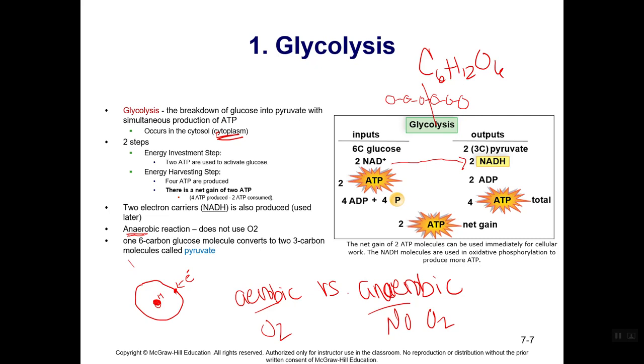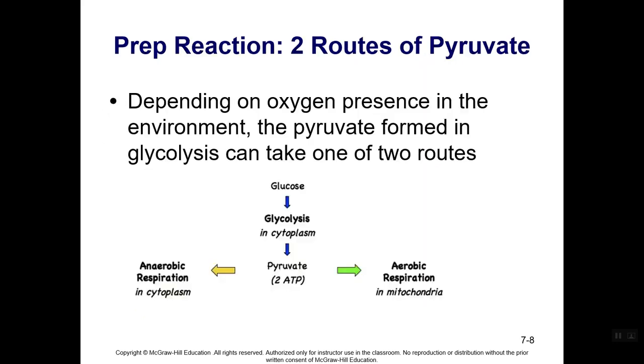And then our 2 ATPs that we invested will generate a total of 4 ATPs total. So we have a net gain then of 2 ATPs as well as these items as outputs. Okay, so that is glycolysis.